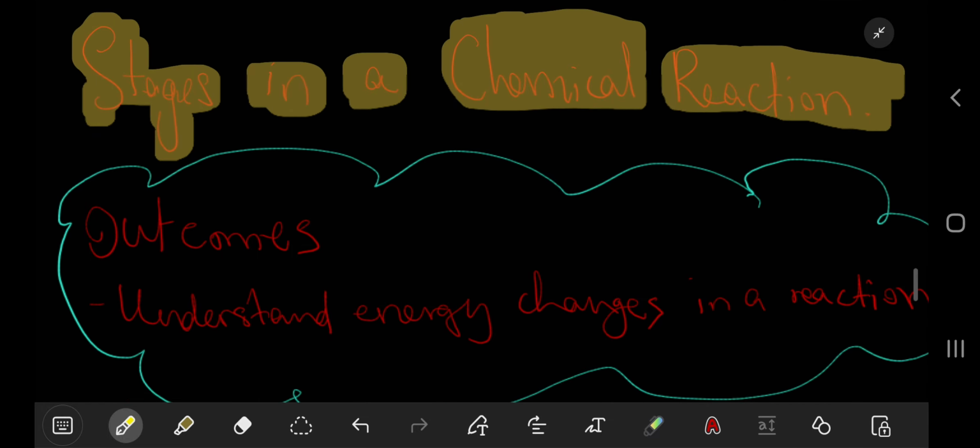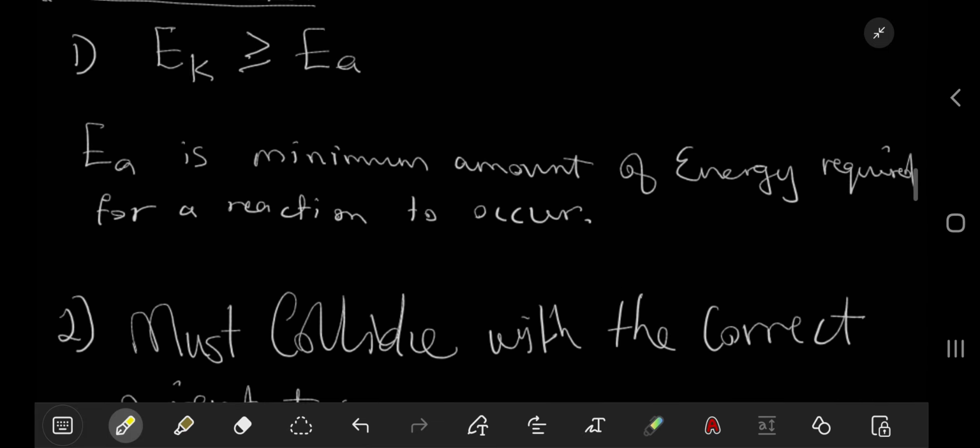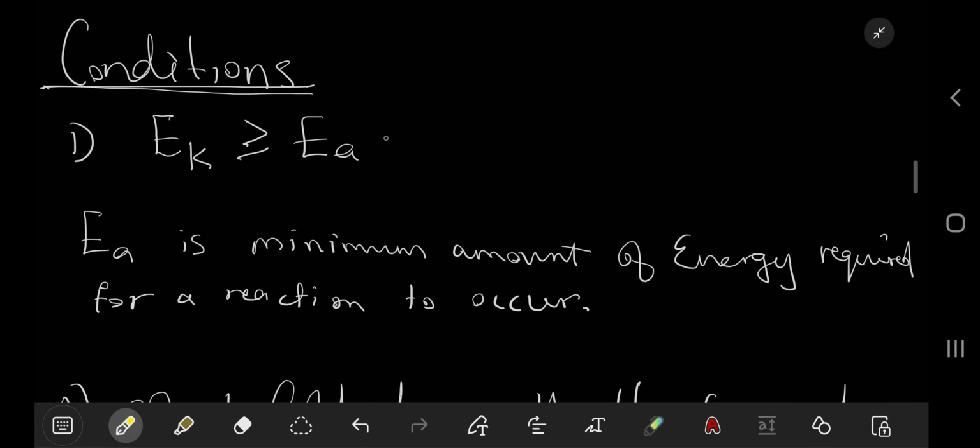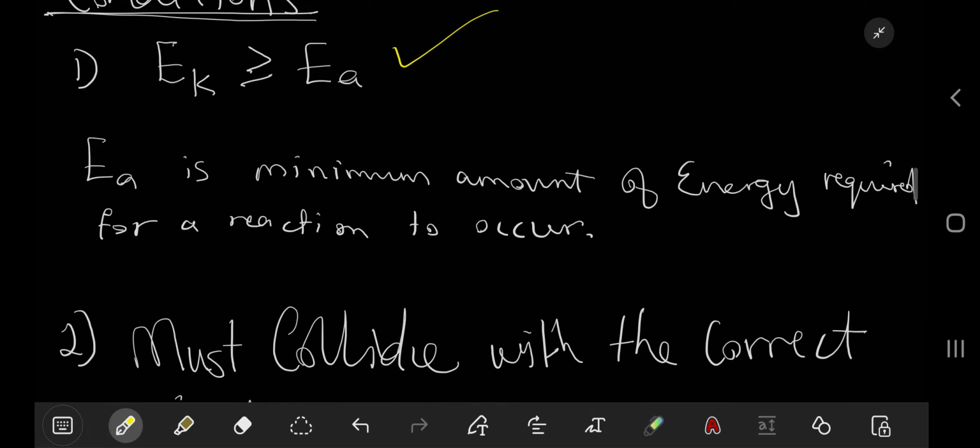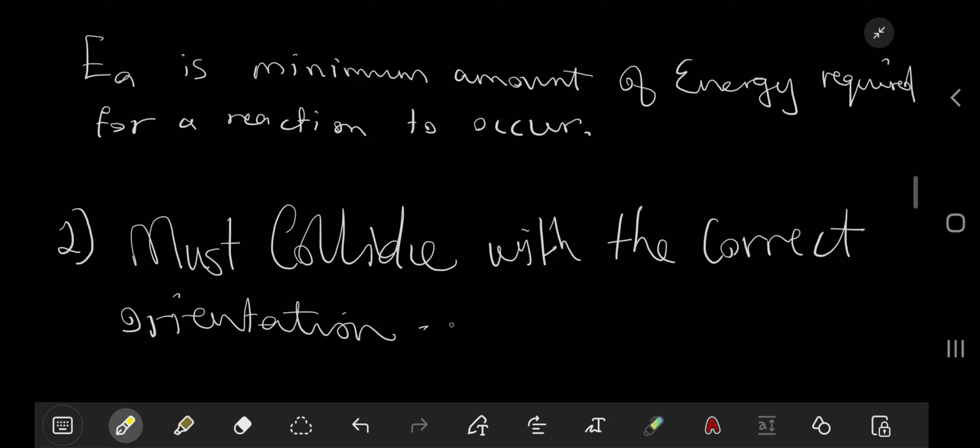So now for this lesson, we want to understand the stages, given that now the reaction can occur. If it can occur, it means that the kinetic energy is greater than or equal to the activation energy, so condition 1 is met, and also they are colliding with the correct orientation, right?